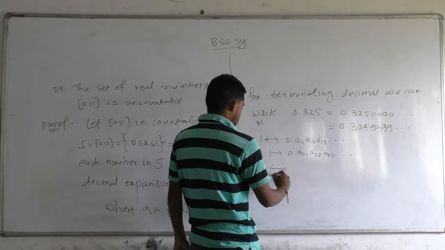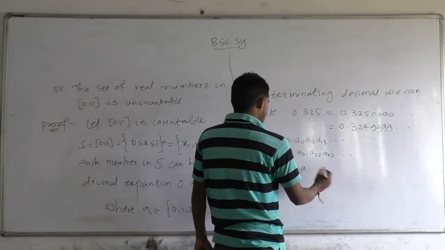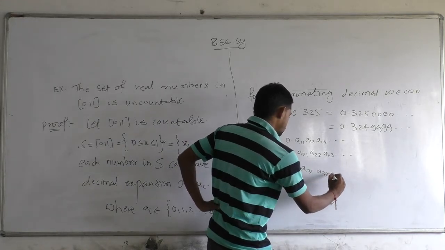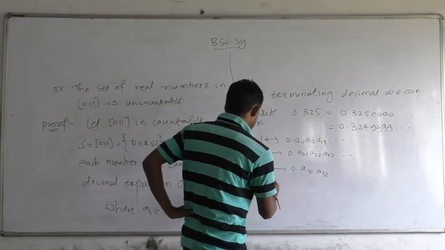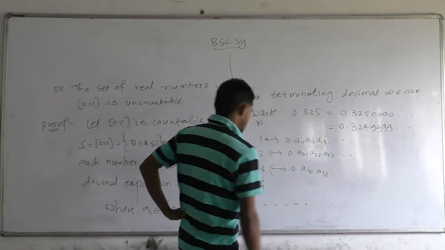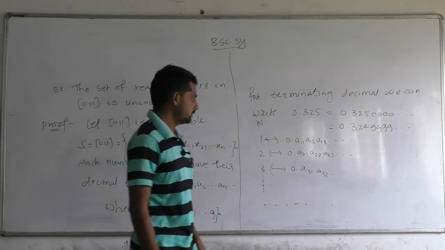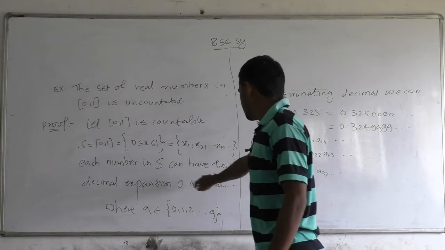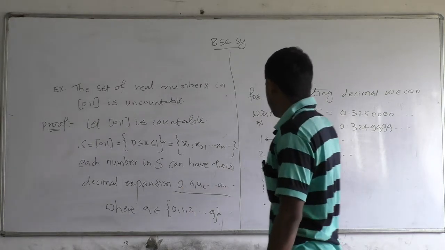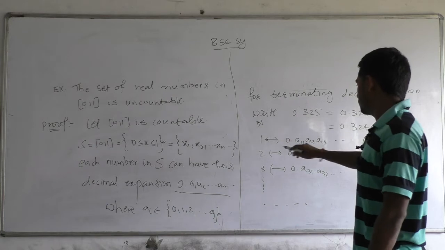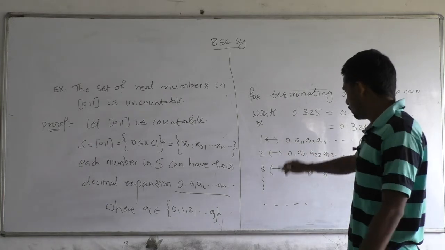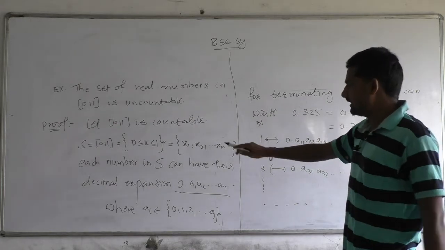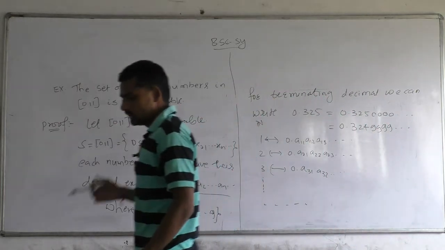Third, 0 point a31, a32, dot dot dot, and so on. So we have defined the function, because we have considered that each element of the set 0, 1 is like this. 1 goes to this number, 2 goes to this number, 3 goes to this, dot dot dot. Because our domain is the set of natural numbers, and we have considered the set is countable, that's why we have written this.